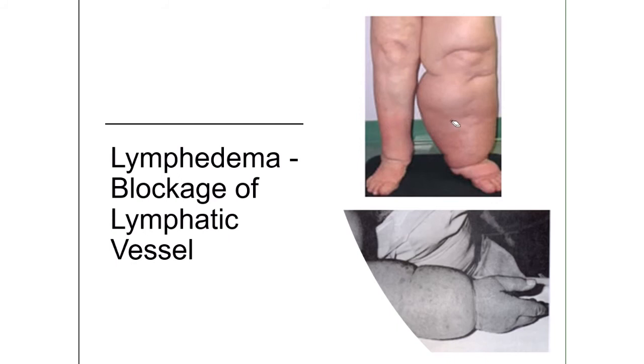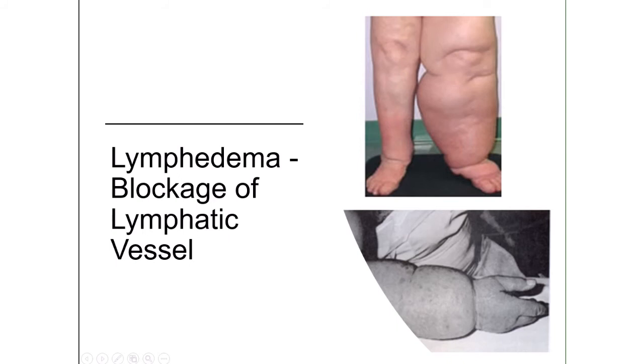And as you can imagine, this is extremely painful, and a lot of times where this happens is in developing countries, and people don't necessarily have access to the care that they need to fix this problem. So that's called lymphedema.